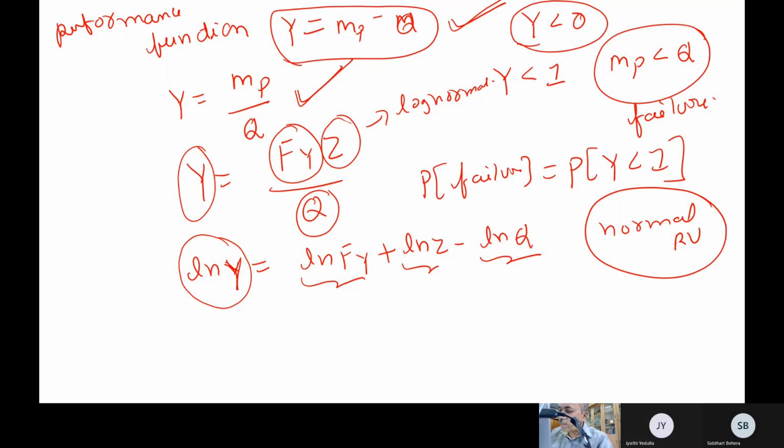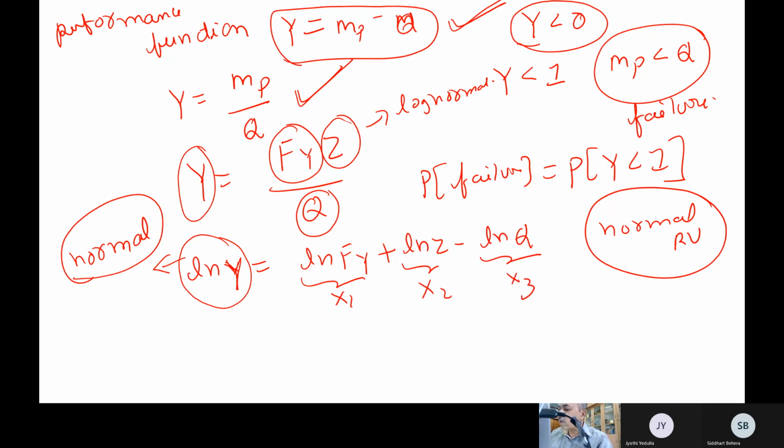Why will it be normal? See, log y, what type of transformation is this? This is one random variable, this is another random variable, this is another random variable.